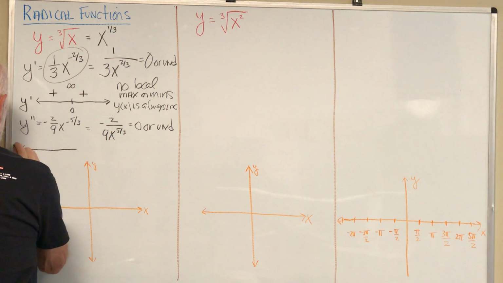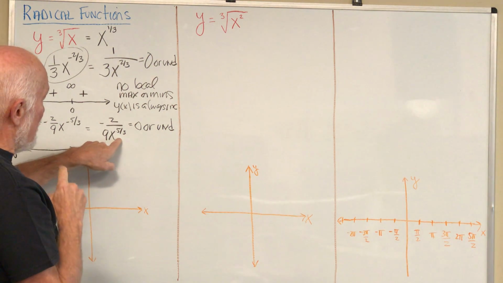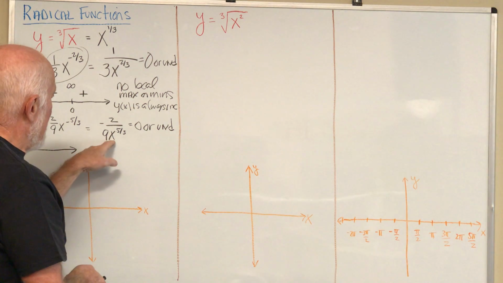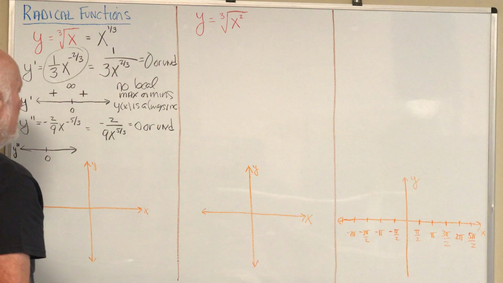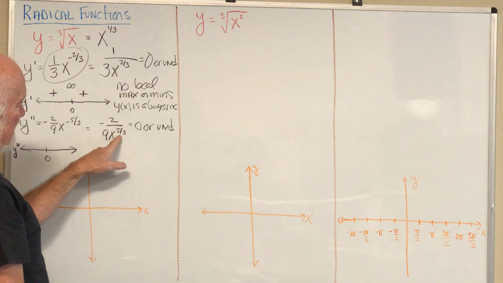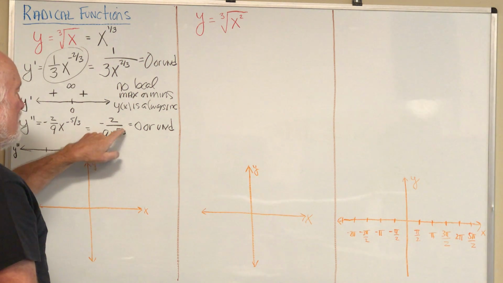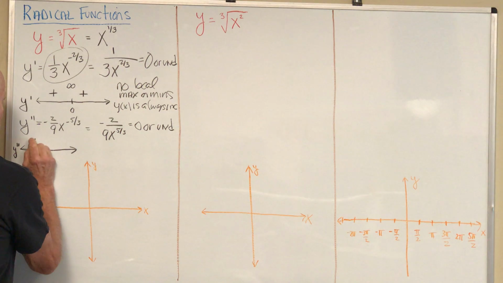Well, if I put the second derivative on the number line, again, there's no places where this is going to equal 0. I can't make 2 into 0. But 0, again, is going to make it undefined. But this time, if I take a negative number and take the cube root of it and then the 5th power, it's still going to be negative. So I get a negative divided by a negative, which is positive.